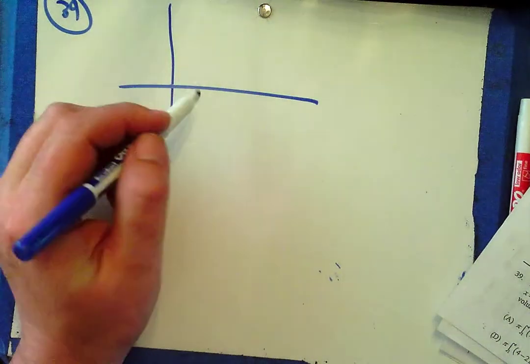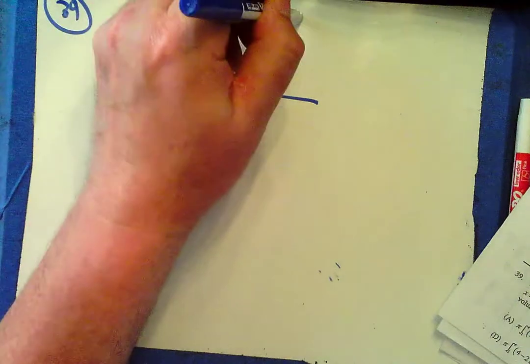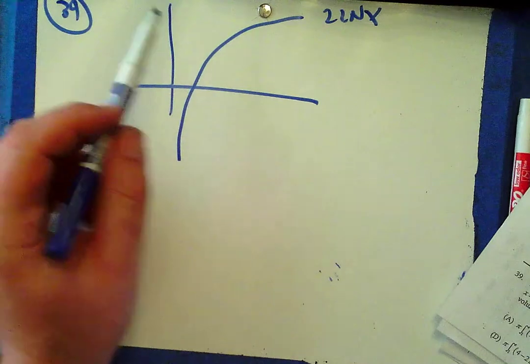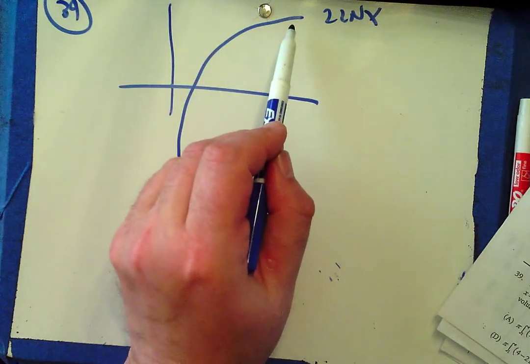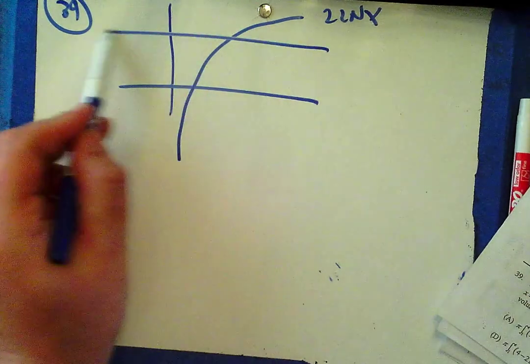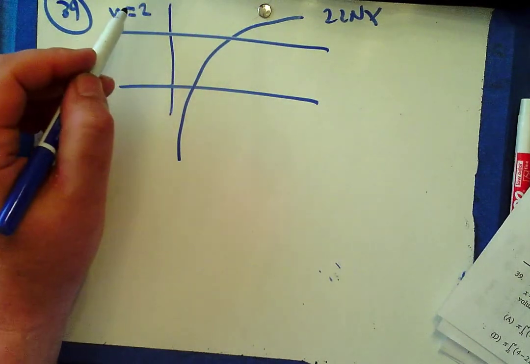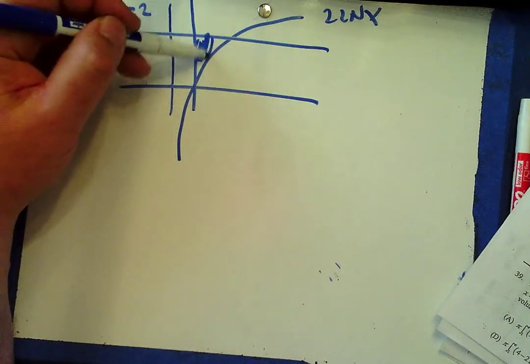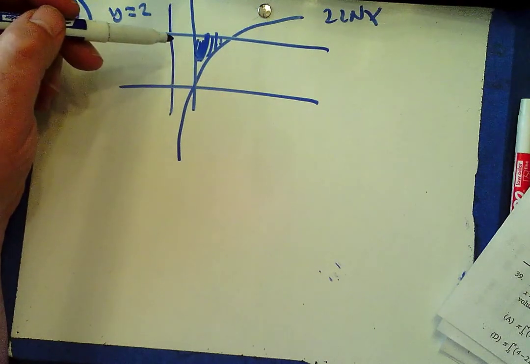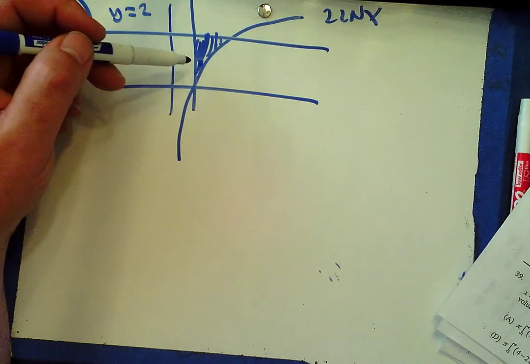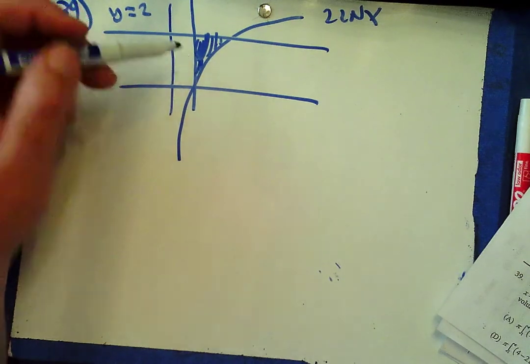Let's take a look at 39, the region enclosed by the graphs y equals 2 ln of x, y equals 2, and x equals 1. So we want this region rotated about the x-axis. Okay, and it looks like they're using washers.